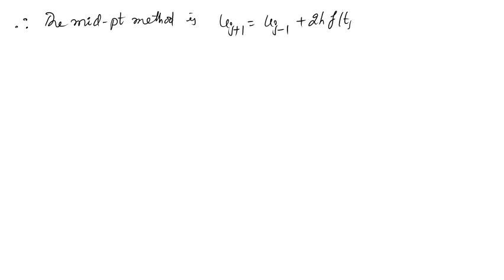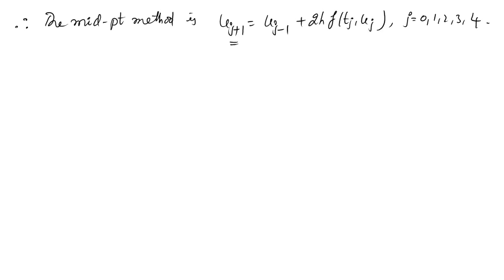Therefore the midpoint method is uj plus 1 equal to uj minus 1 plus 2h into f of tj comma uj, valid for j values 0, 1, 2, 3, 4 only, up to u5. So j must be 4 for the last value, and let us substitute one by one.